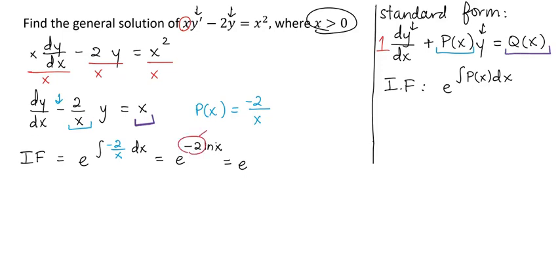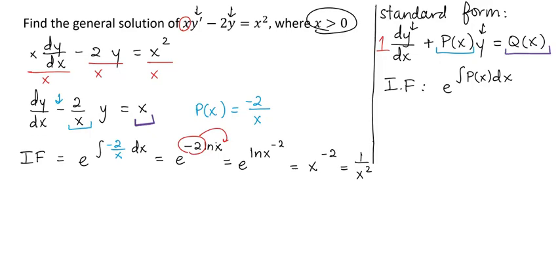So that this is e to the natural log of x to the negative 2. And then the e and the natural log cancel, and we're simply left with x to the negative 2 as our integrating factor. I will rewrite this as 1 over x squared.